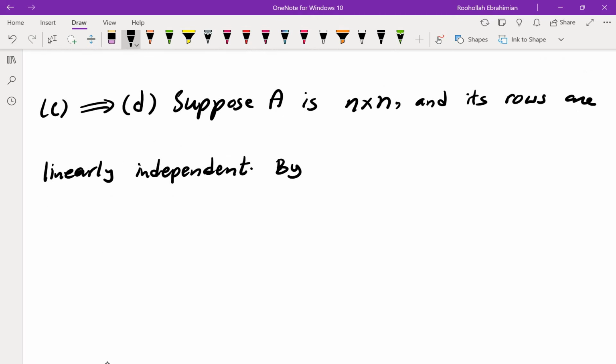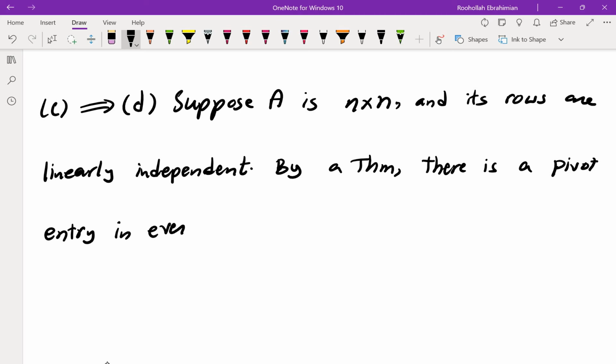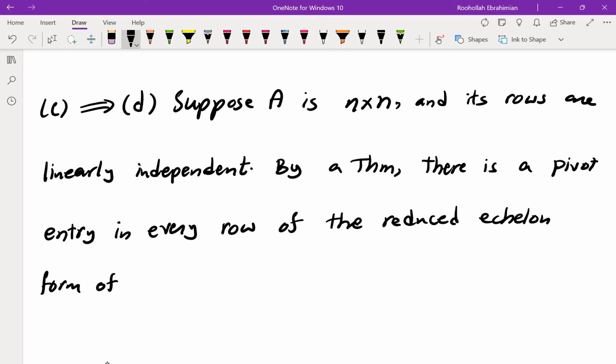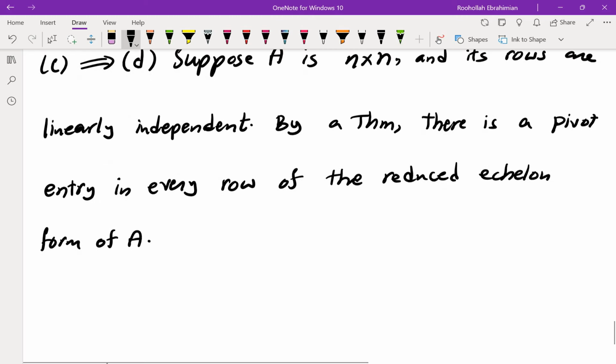By a theorem, if the rows are linearly independent, there is a pivot entry in every row of the reduced echelon form. But A is a square matrix, so there are n pivot entries.